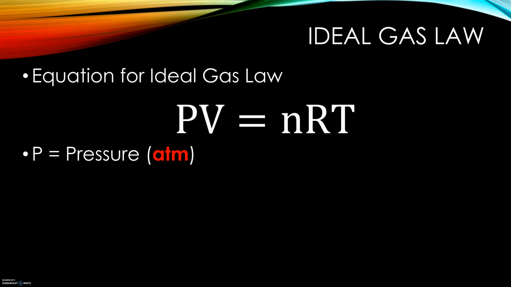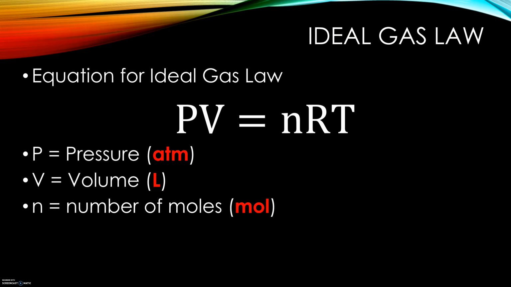However, depending on what's given to you, typically atm is the easiest value that we can come to. V for volume is always going to be in liters. N, number of moles, will always be in moles. If you're given grams, you must convert it into moles by dividing it by its molar mass. And then we have temperature in Kelvin.